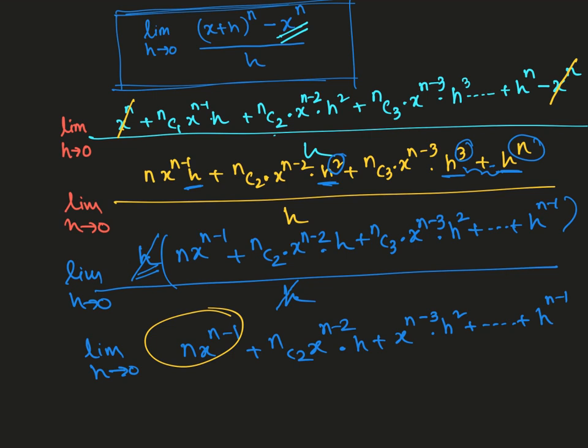Because remember, we said that a limit occurs when we have a restriction in the function, when the function is undefined at a certain point, but we have simply removed it. We are not considering the point when h was 0. So we had cancelled this, so it removes the chance that the denominator would be 0.